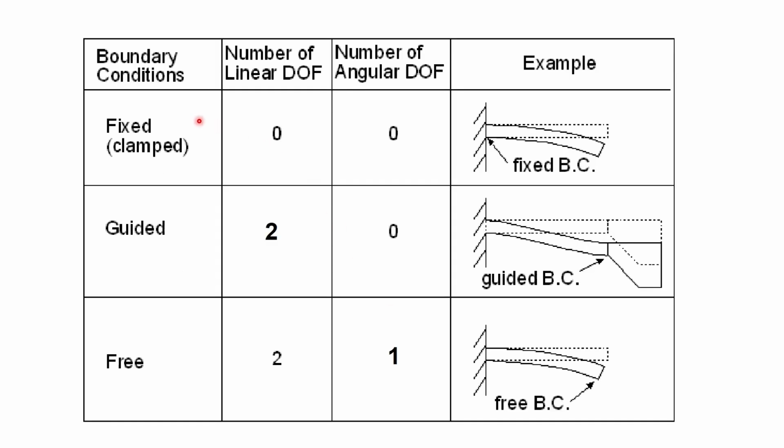Here is a summary. The boundary conditions are fixed or guided as such or free. And you can calculate the number of degrees of freedom. The more degrees of freedom there are, the more displacement can be created.